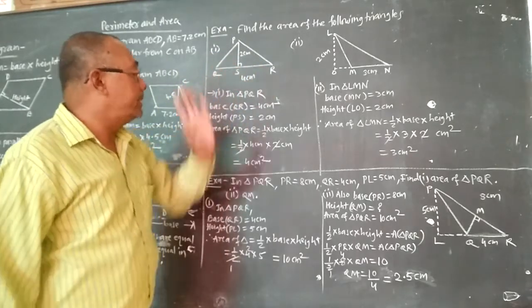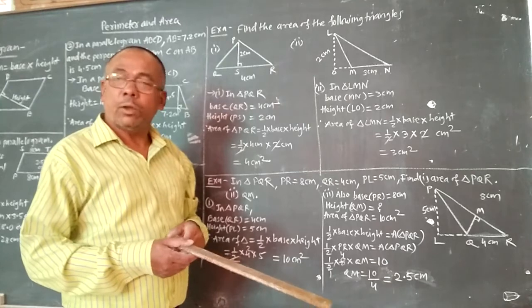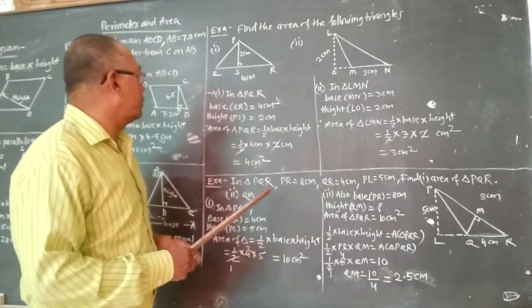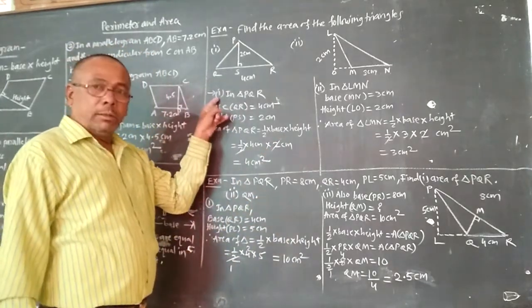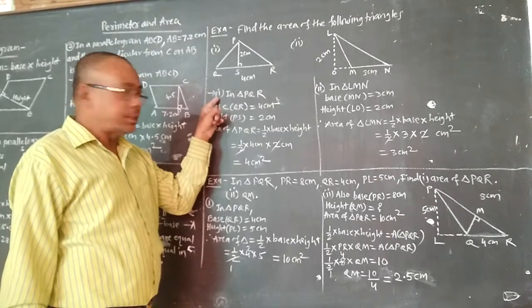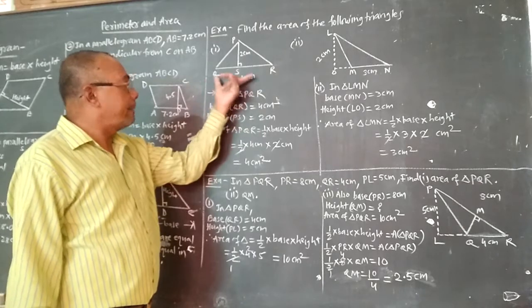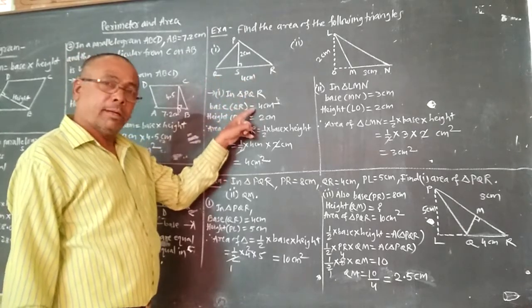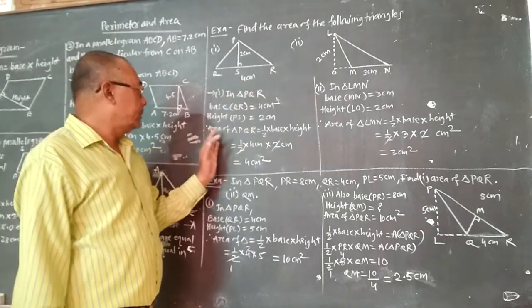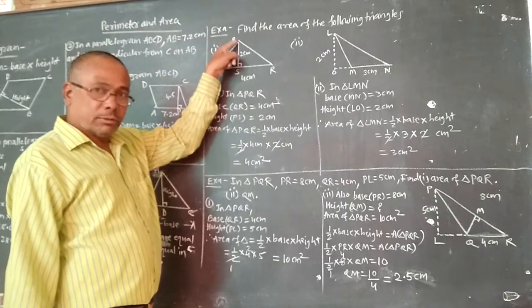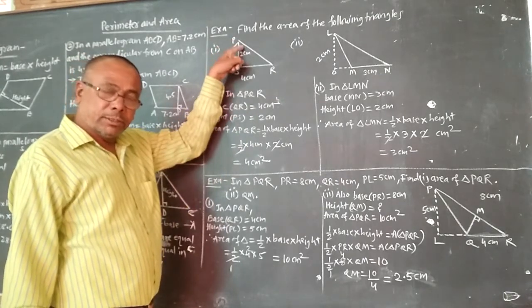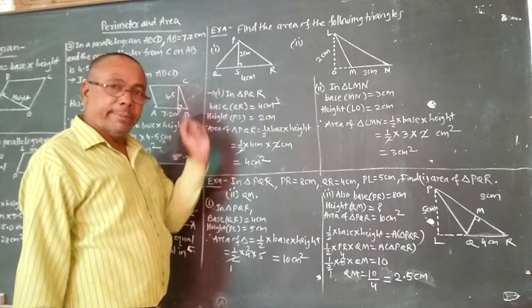So QR is the base of the triangle, and therefore the answer to the first question is that in triangle PQR, base QR is 4 centimeter and height PS is 2 centimeter.